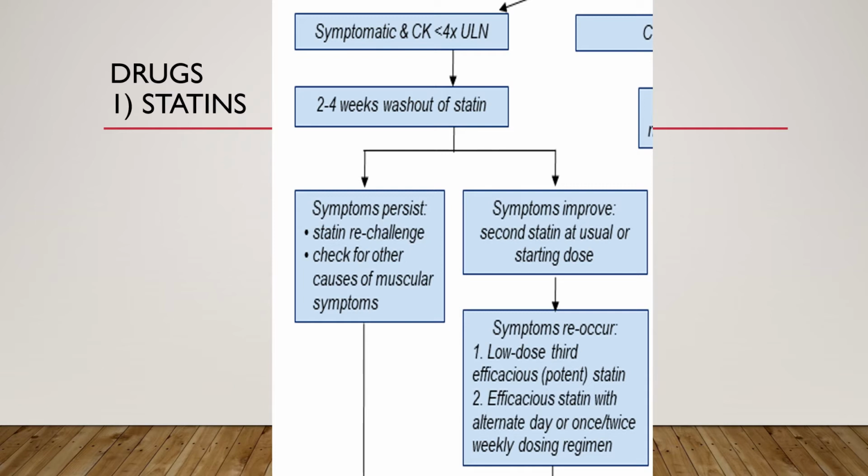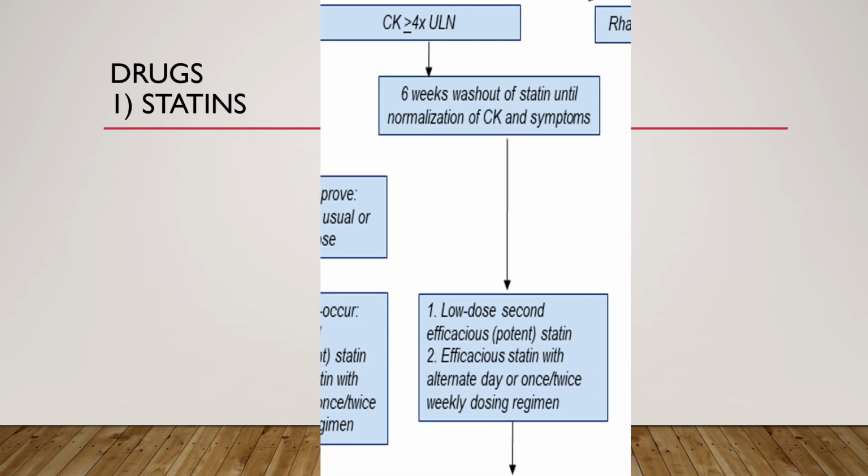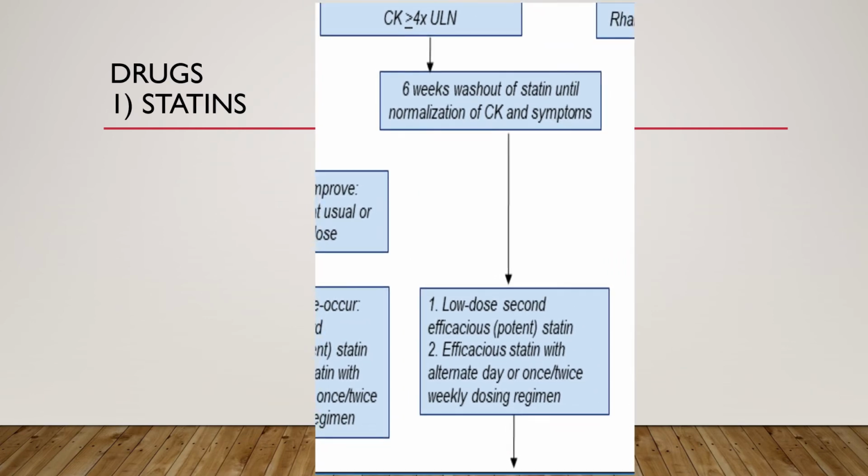If the symptoms reoccur again after re-challenging, use a low dose of another potent statin with alternate day dosing, or a once or twice weekly dosing regimen if the patient has symptoms again.